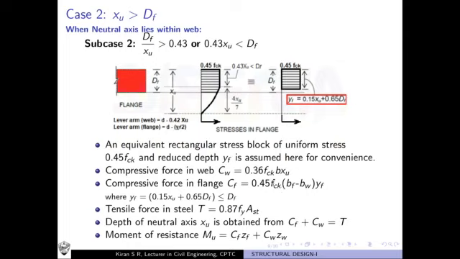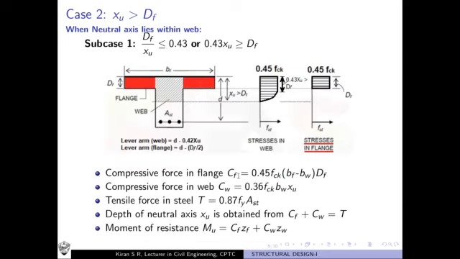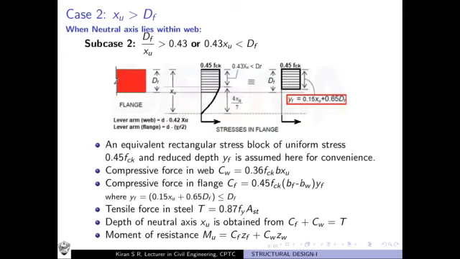And for the compressive force in flange, we write the same equation, but instead of df we write yf. That is exactly what is given here: 0.45 fck (bf minus bw) into yf, where yf is the reduced depth of the stress block, already defined as 0.15 xu plus 0.65 df.